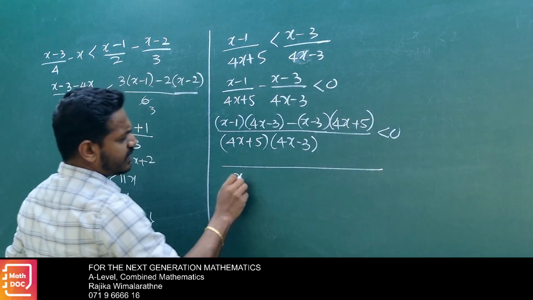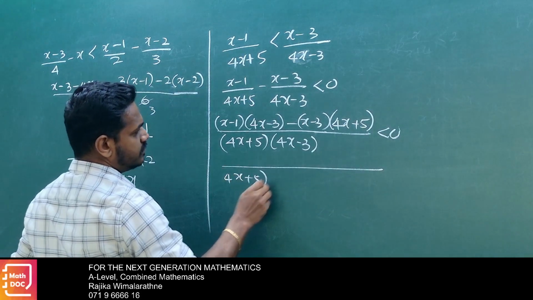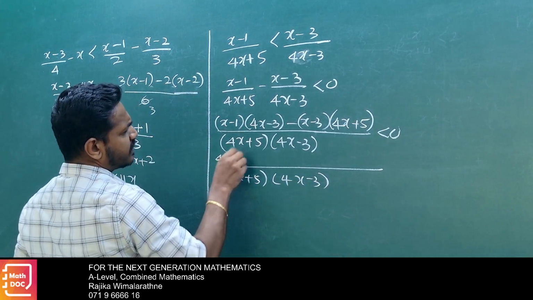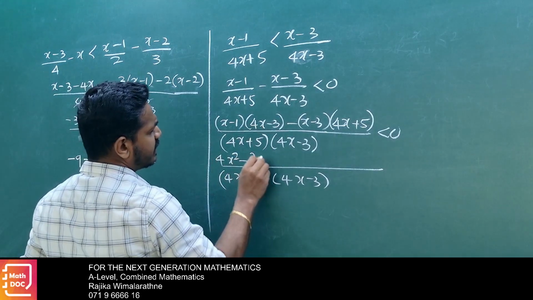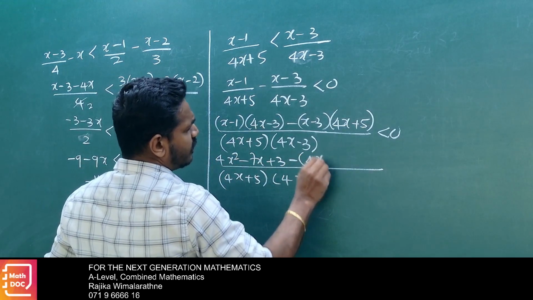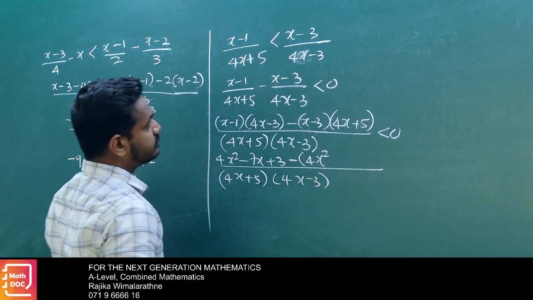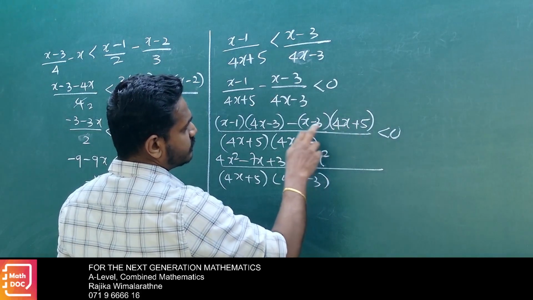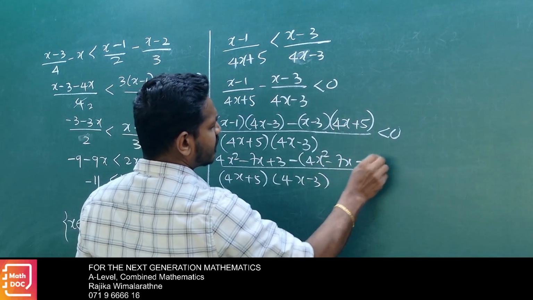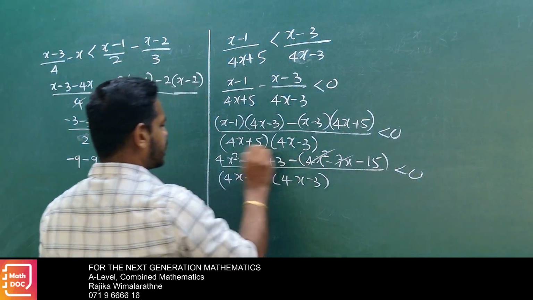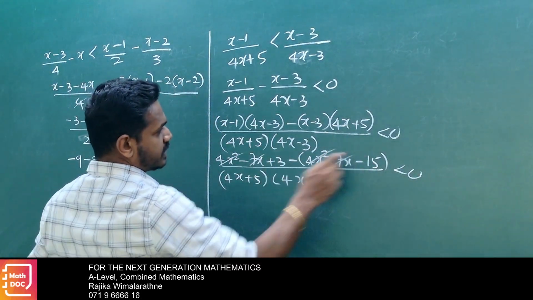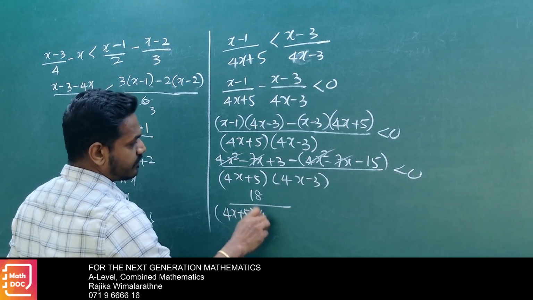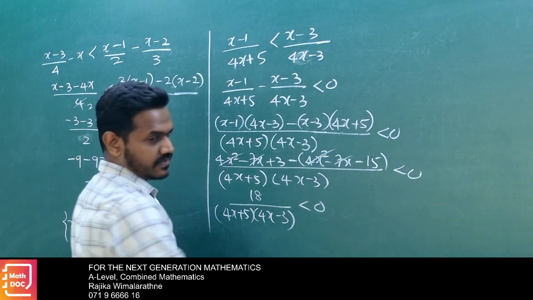Then we have factors in the denominator. Expanding the numerator: 4x squared minus 7x plus 3 minus (4x squared minus 7x minus 15). The 4x squared and 7x cancel, and 3 plus 15 gives 18. So 18 over (4x plus 5)(4x minus 3) less than 0.